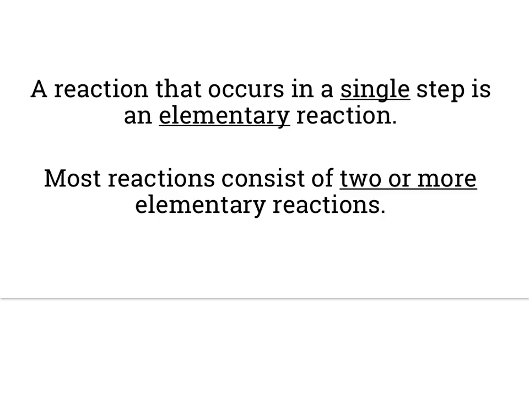Let me actually reword that a bit. If we have a reaction that goes from A to B, and that's it, then this we could call elementary. But let's say we have a reaction that says it goes from A to C. Maybe that's actually not quite true.